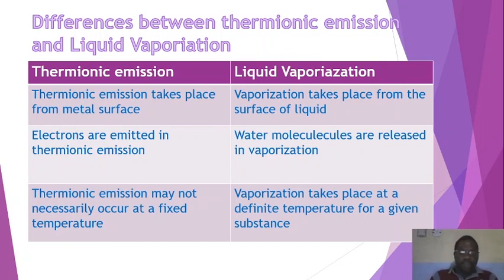Thermionic emission may not necessarily occur at a fixed temperature, but liquid vaporization takes place at a definite temperature for a given substance. And that temperature is what we call the boiling point, or the vaporization temperature.